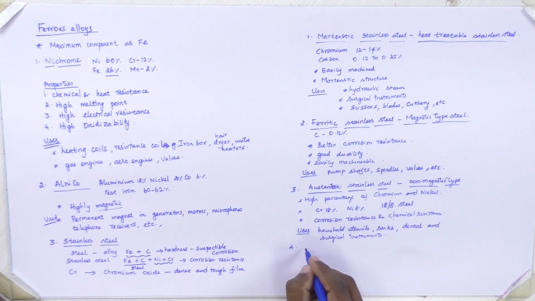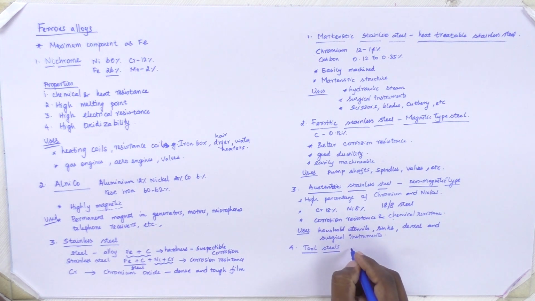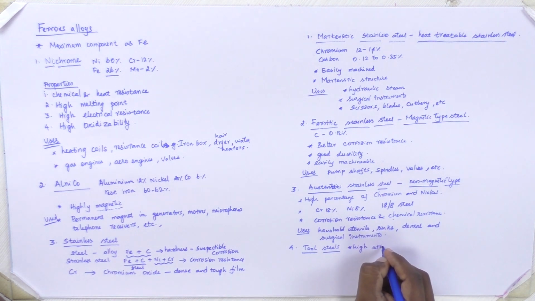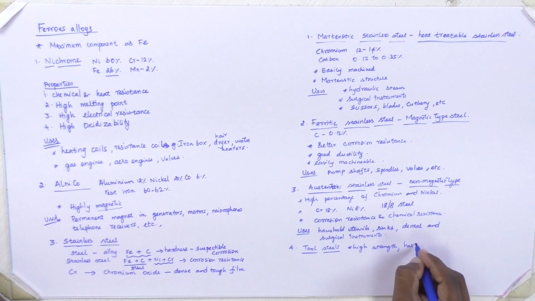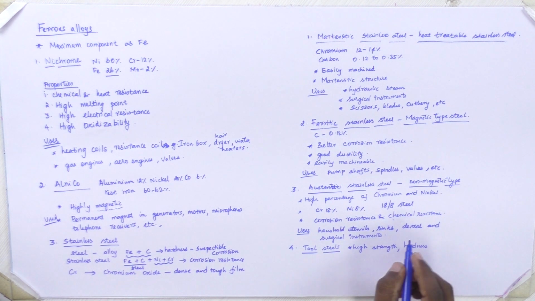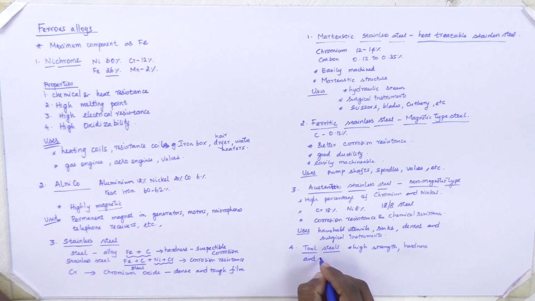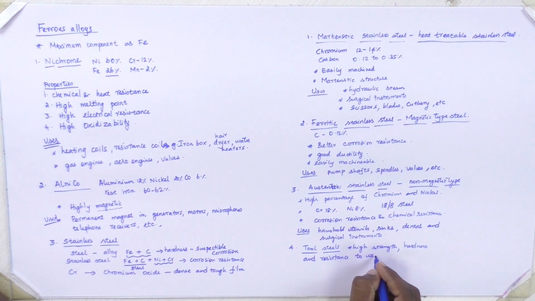The fourth type is tool steels. As the name indicates, it is good in making tools because of their high strength, hardness, and importantly resistance to wear and softening.